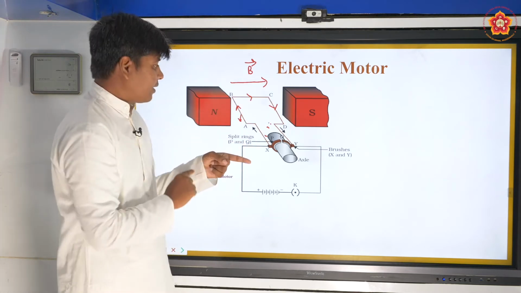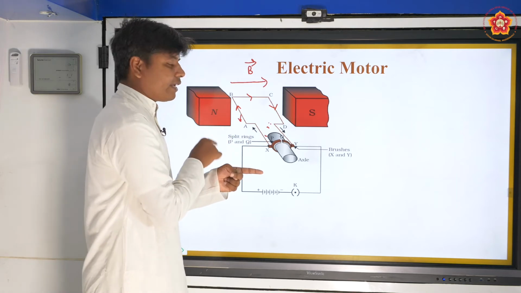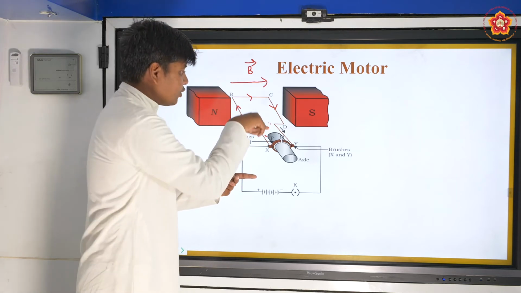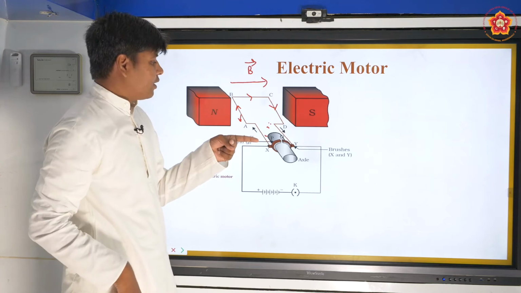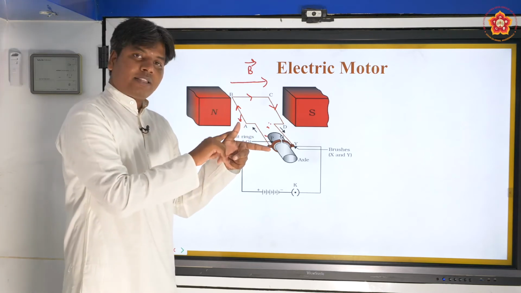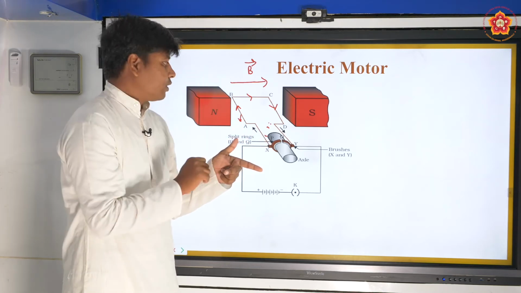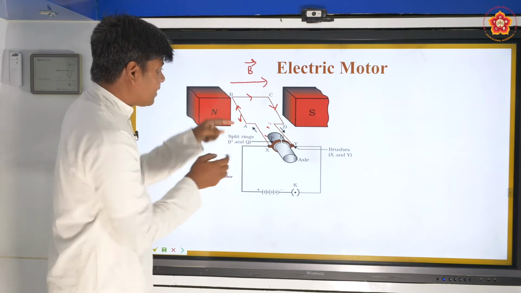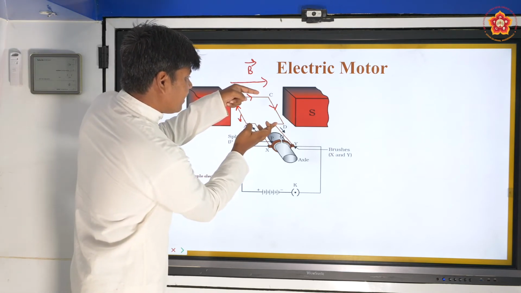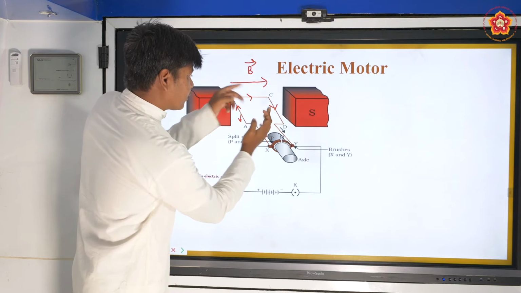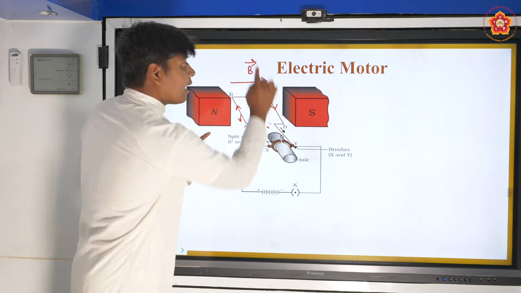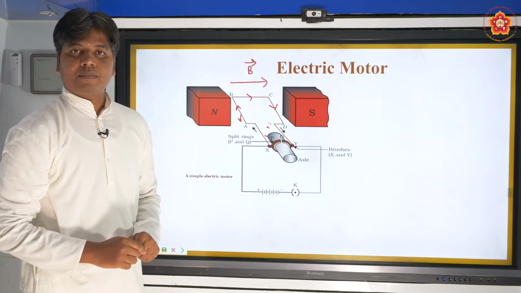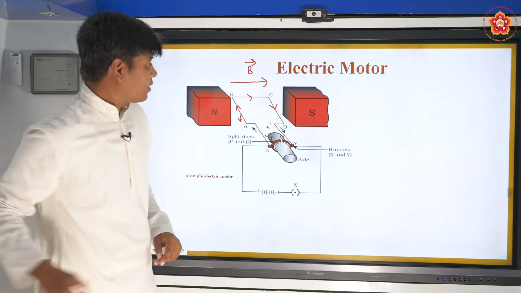Use your forefinger, and your second finger will give you the direction of current from C to D, that is outside the board. Now unwrap this thumb, it gives you the direction of force. So this tells us that segment CD is experiencing a force due to this magnetic field upwards, right?